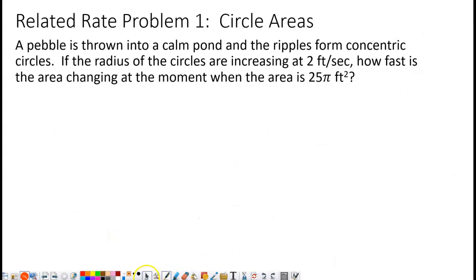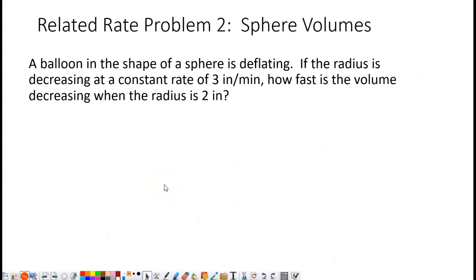Now, let's go ahead and do another one here. Let's do those same 6 steps. Step 1. A balloon in the shape of a sphere is deflating. If the radius is decreasing at a constant rate of 3 inches per minute, how fast is the volume decreasing when the radius is 2 inches?